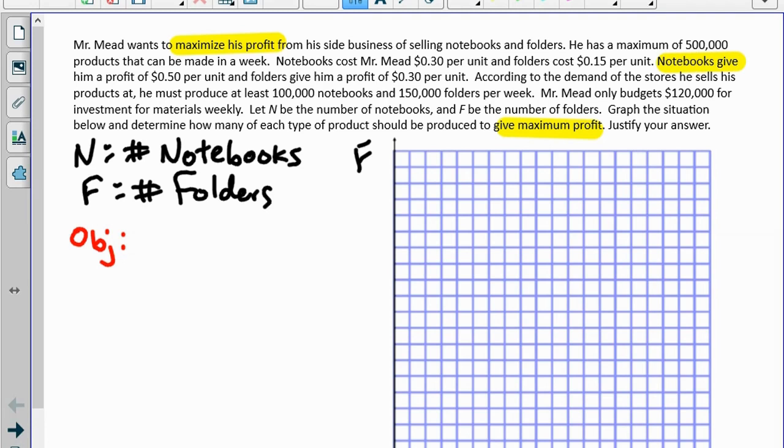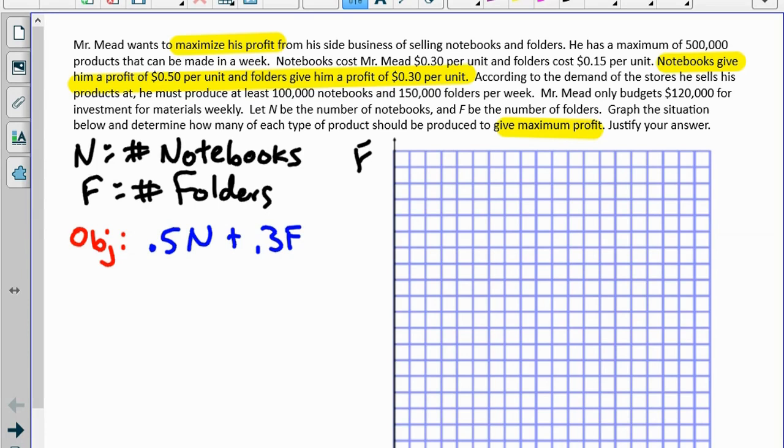Notebooks give 50-cent profit per unit and folders give 30-cent profit per unit. So our objective function is going to be 0.50n plus 0.3f. So 50 cents for every notebook, 30 cents for every folder, and we are trying to maximize that.